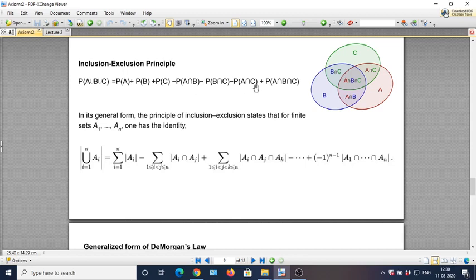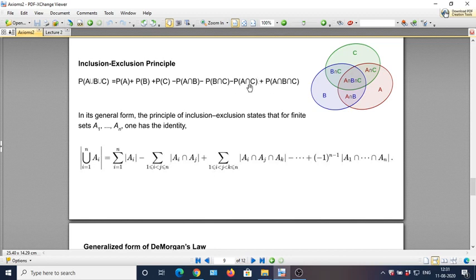But in doing so, what we did is we added A intersection B intersection C 3 times when adding A, B and C, and we are subtracting it 3 times when subtracting these pairwise intersections. In effect, we never accounted for it. So in order to account for it, we add it once more here.